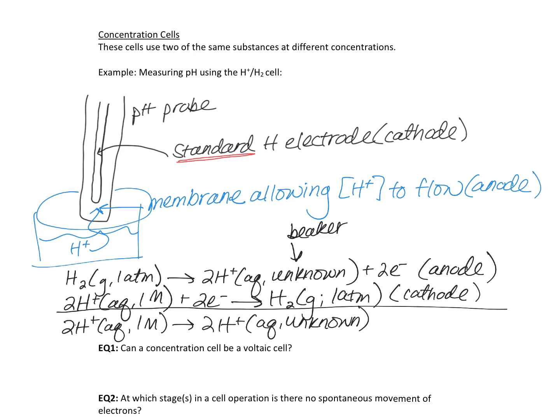Why is that? Because the gases end up canceling because they're at the exact same concentration, and then the electrons end up canceling. So all you have is H plus aqueous, one at 1 molar and one at an unknown concentration.